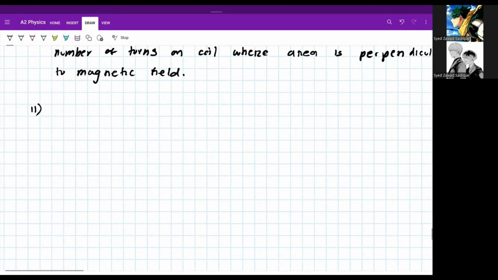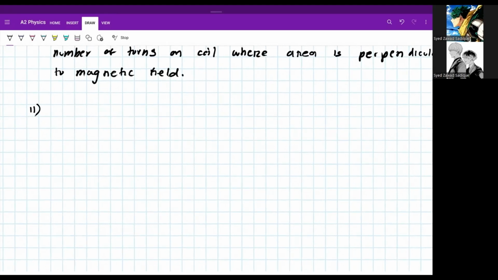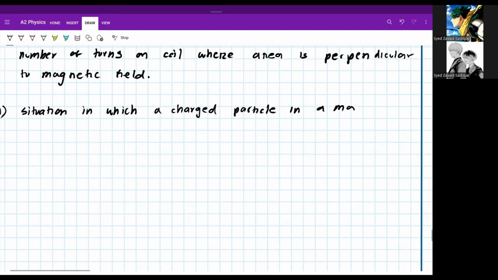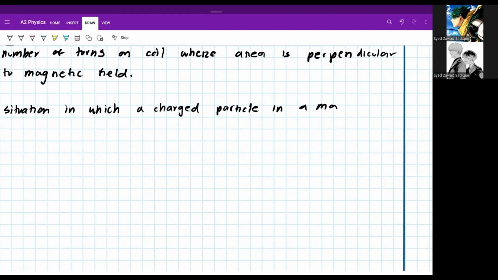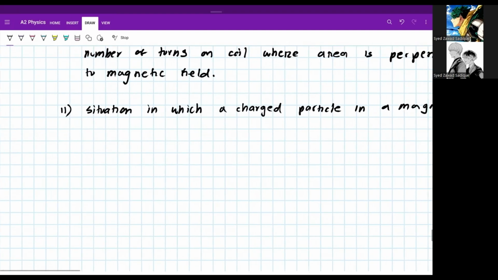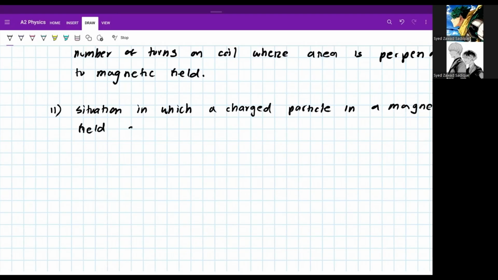11 is situation in which a charged particle in the magnetic field does not experience a force.